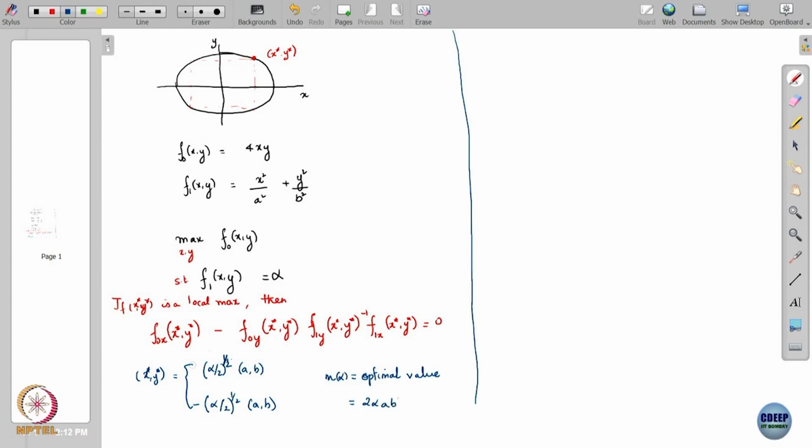So, you get these two solutions, and you can check that both of them are local maxima. Essentially, what they correspond to are a point x star y star here and its reflection on this other side, which is negative x star comma negative y star. They can both give you the solution, either of them can be taken.